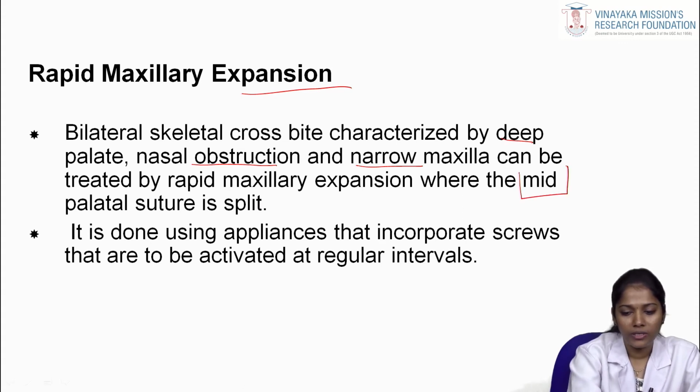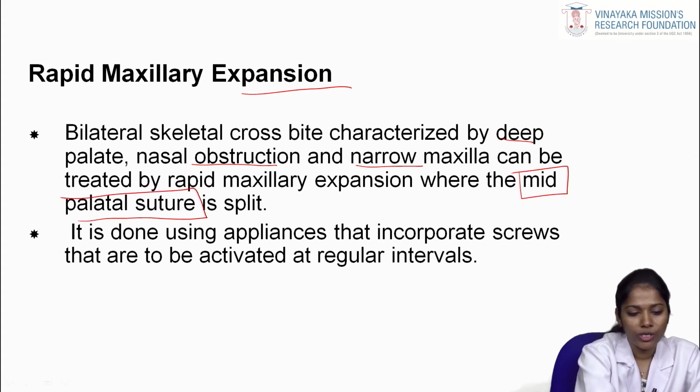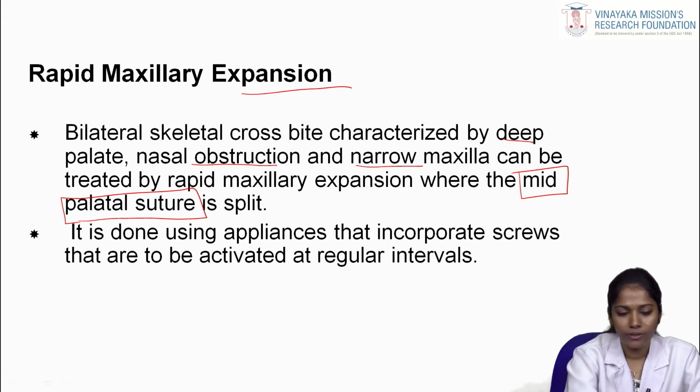What happens here is the mid palatal suture present between the 2 halves of your maxilla is going to split and expand. So we have n number of rapid maxillary expansion appliances to do that. We have a broad classification into tissue bone or tooth bone, whereas Hyrax is used in a conventional and routine manner.